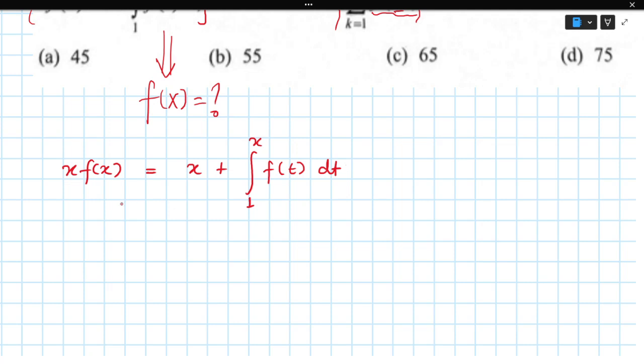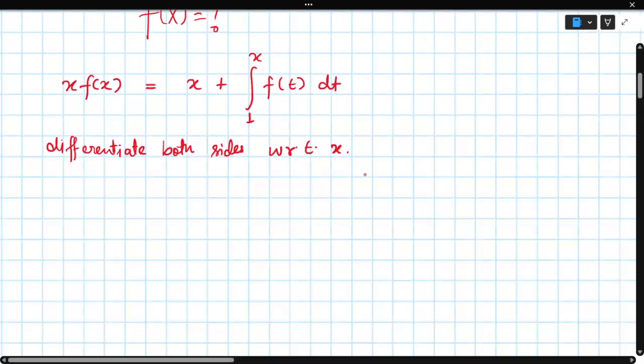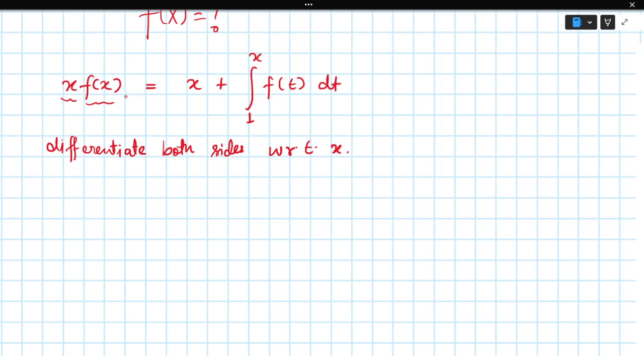So we differentiate both sides with respect to x, because the parameter is x itself, from which we will find f(x). If we observe, this is two functions in product form, so we can apply the product rule for differentiation.